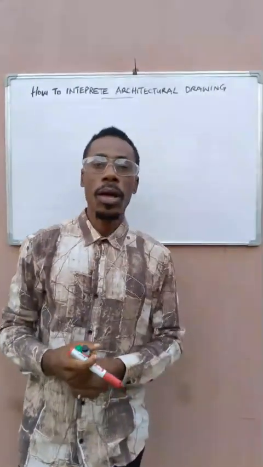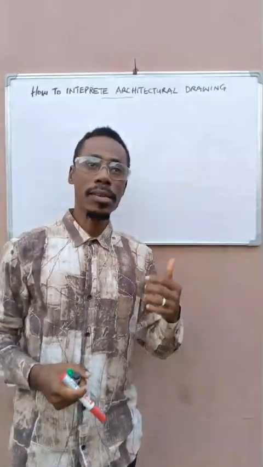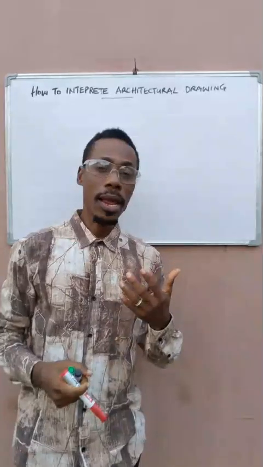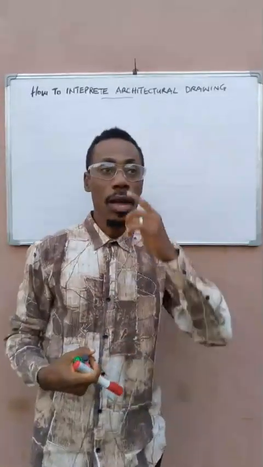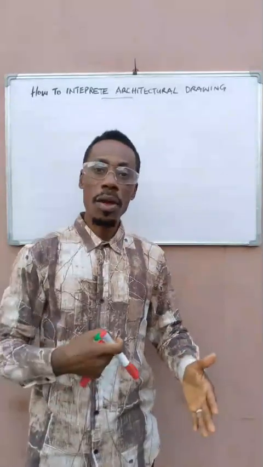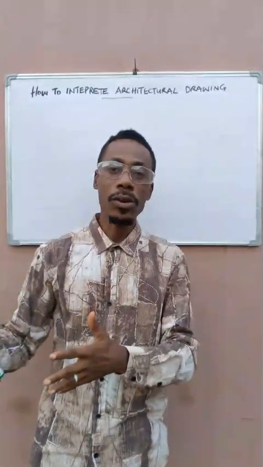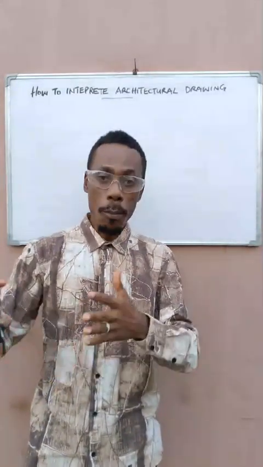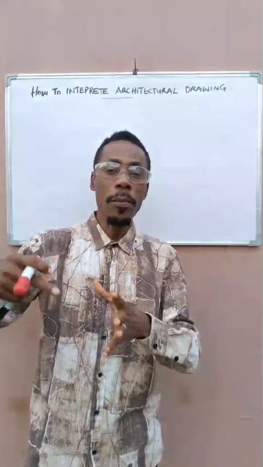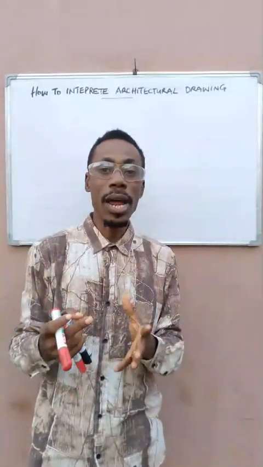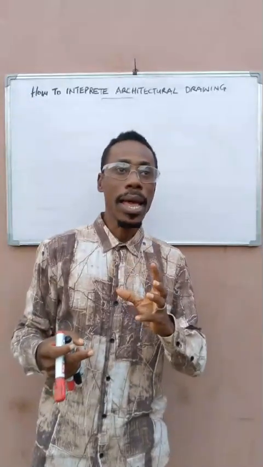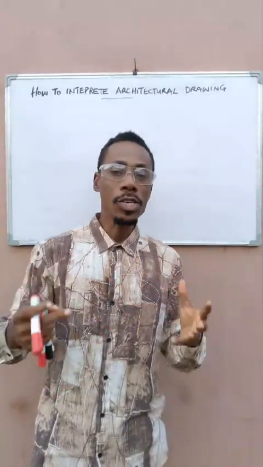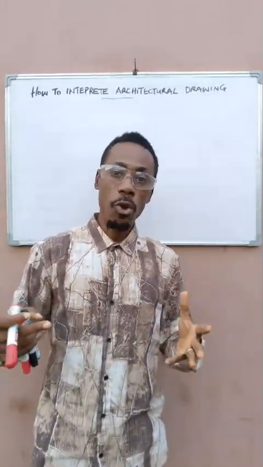All right. So, what under this we are going to look at, because when we talk about interpretation of architectural drawing, we have discussed different parts of architectural components. All the parts that make up the architectural building plan. There's what we call building plan. Now, that building plan is a combination of other drawings.